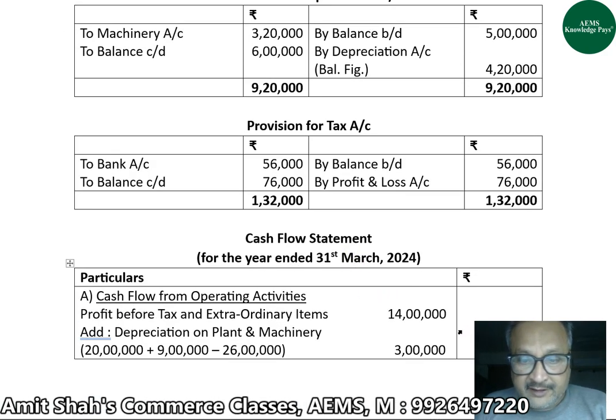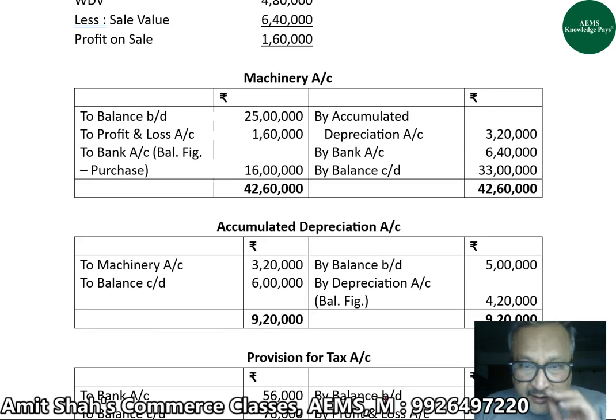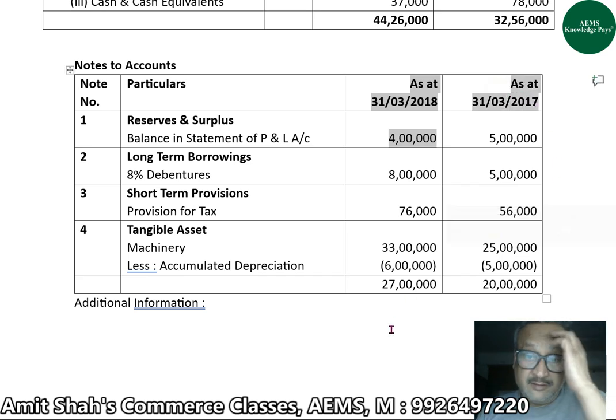Cash flow statement for the year ended 31st March 2018. Profit before tax and extraordinary items would be balance in statement of P&L at the end of the current year minus balance in statement of P&L at the end of the previous year plus tax provided during the year.